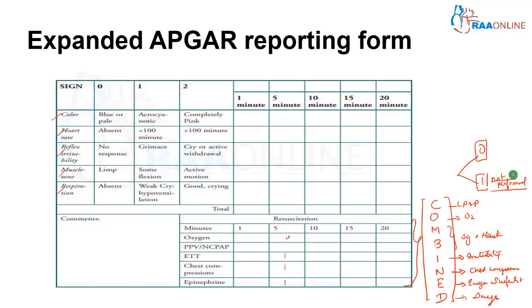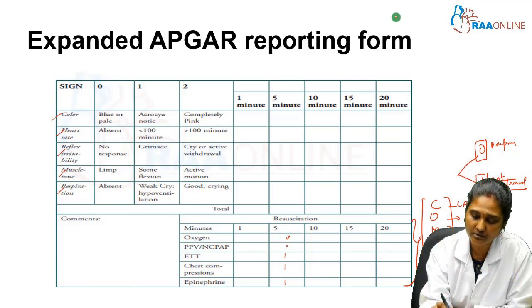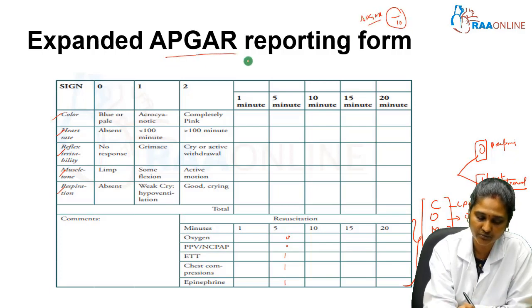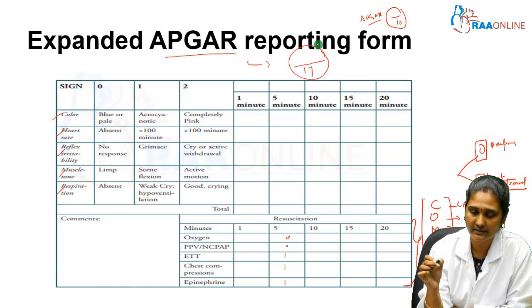If you are not performing an activity, you score it as 1, and if you are performing any activity, you score it as 0. The normal Apgar score is out of 10, but the expanded Apgar score is out of 17.